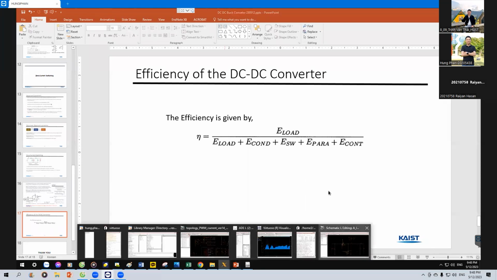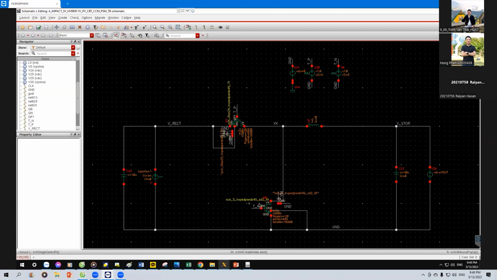Switching loss is from turning on and off the two gates, the gate capacitors of the MOSFETs. Power will be taken from these two voltage sources to turn on and off these two MOSFETs.